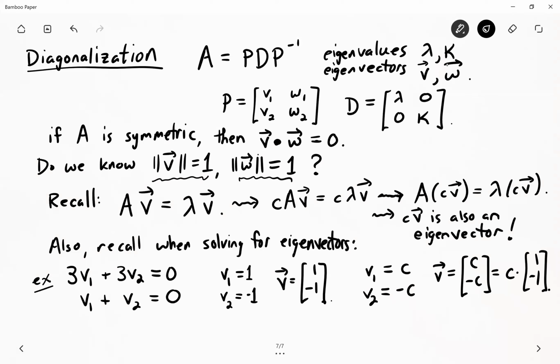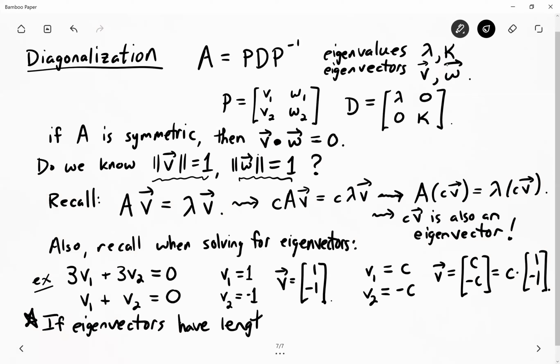And so this is the key takeaway here: if the eigenvectors have length 1, then the eigenvector matrix is a rotation matrix.